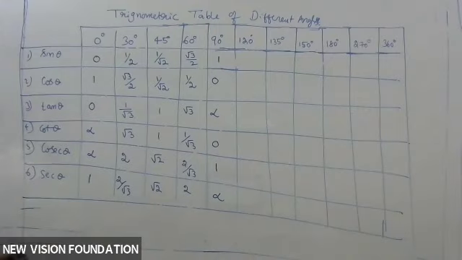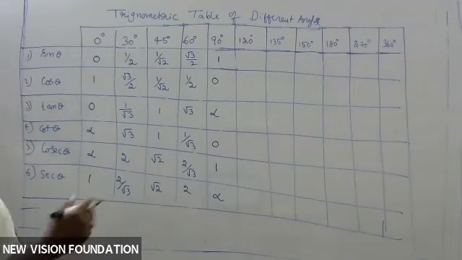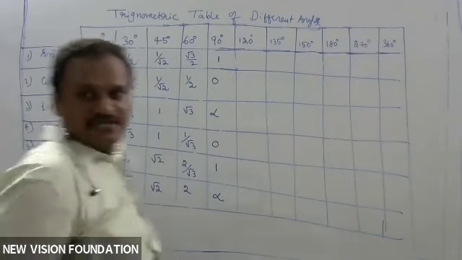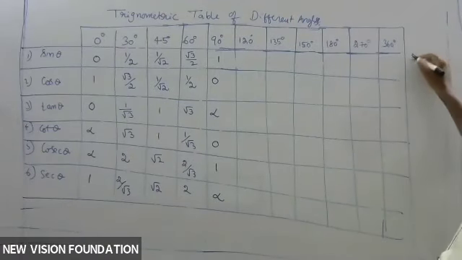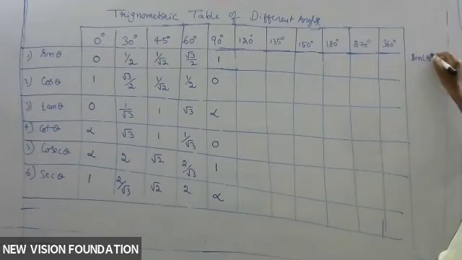Now, how are we going to get the values for 120 degrees? This 120 you can write as 90 plus 30. Sine 120 becomes sine of 90 degrees plus 30 degrees.